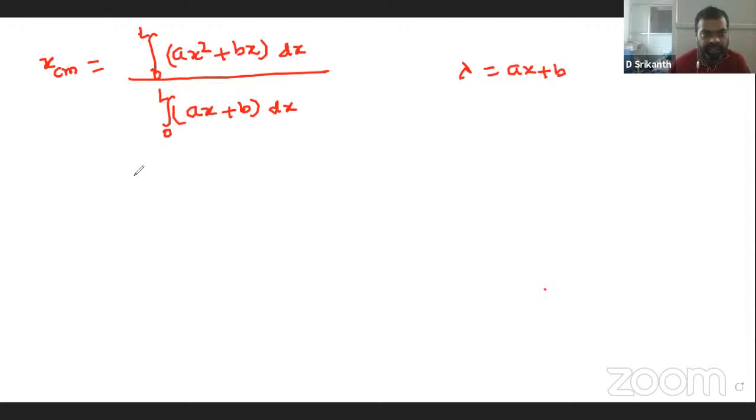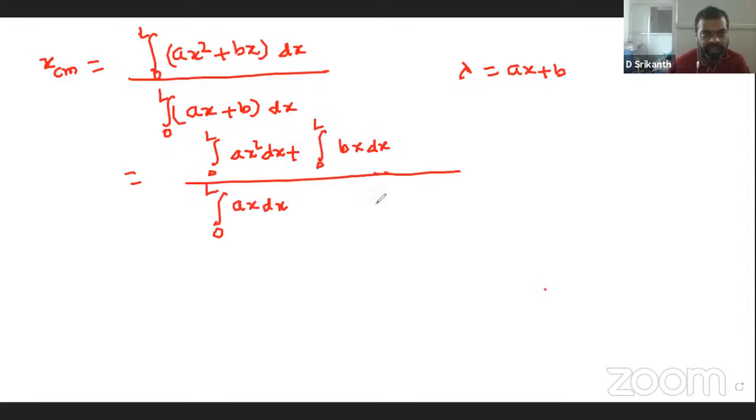So it is integral 0 to L ax square dx, plus integral between the values from 0 to L bx dx.